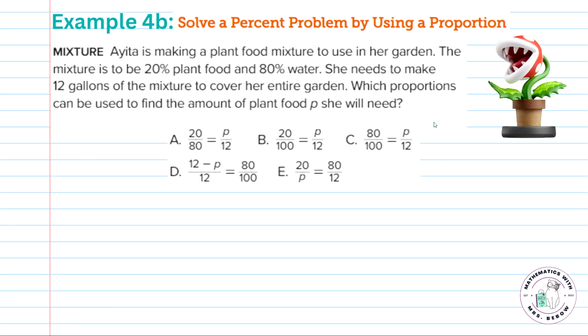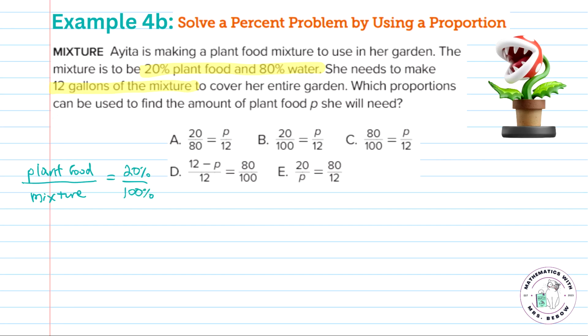So when we think through this question, before we even look at all of our options here, we can take into consideration the fact that we're dealing with 20% plant food, 80% water. We need to make 12 gallons of the mixture, right? And so I'm going to take a look at this plant food amount over this mixture amount. The plant food in this case is 20% and the mixture amount is 100%.